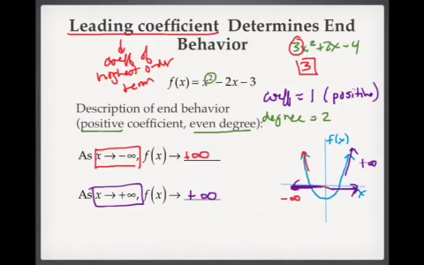One of the cool things about even degree functions is wherever they start, in other words, this one's going to start way up here in the positive range, it's going to also end in the same place. So that's what even functions do. They start and end at the same side of the x-axis. So whichever side it starts on, it finishes on. That's what happens with even degree polynomials.